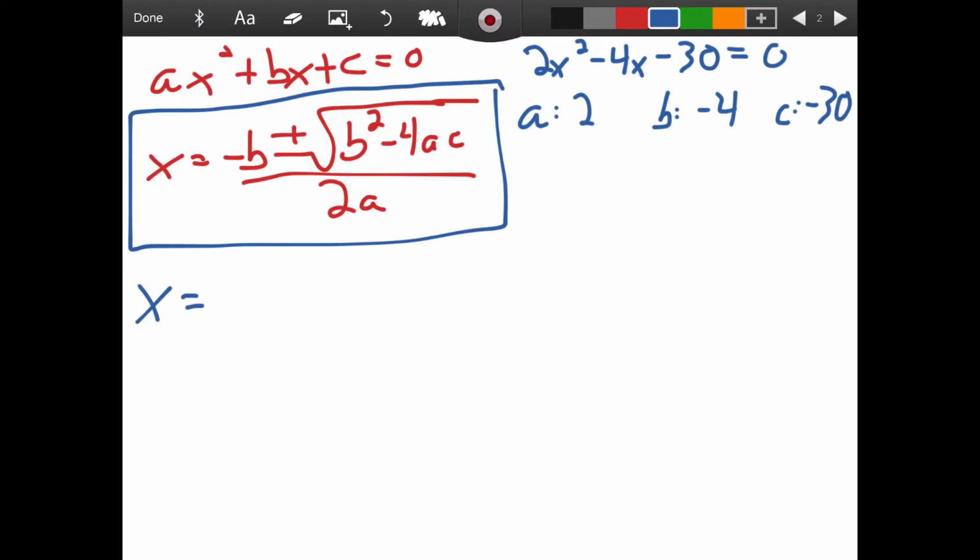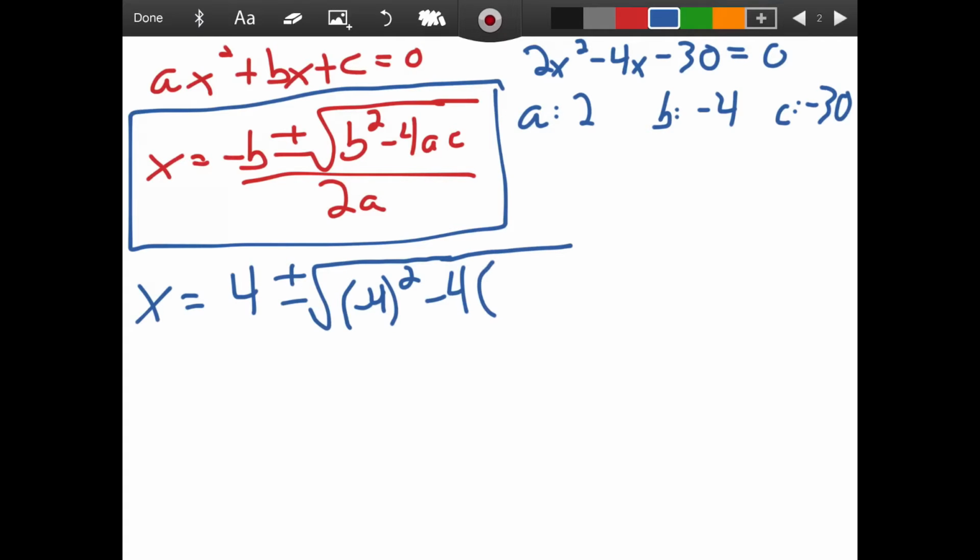Obviously the negative of -4 is 4, so plus or minus -4 squared. And we finish plugging in.